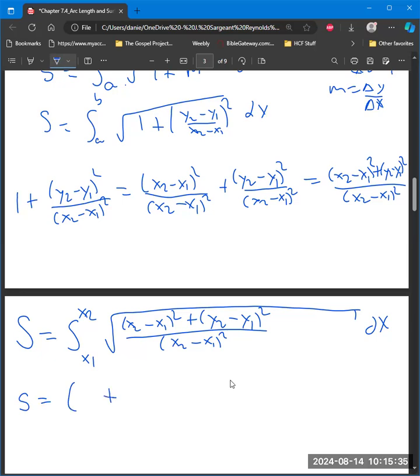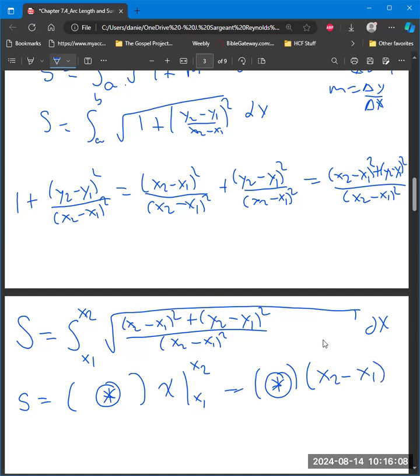We don't know exactly what this is right here, but there's going to be an x out here. It's going to be a part of it. And this is going to be going from x1 to x2, which means whatever this thing is here will be multiplied times x2 minus x1.